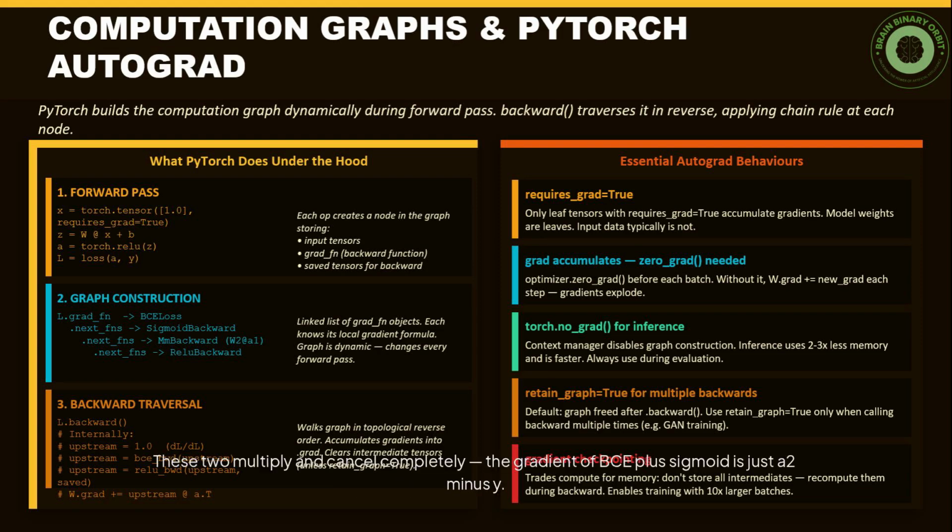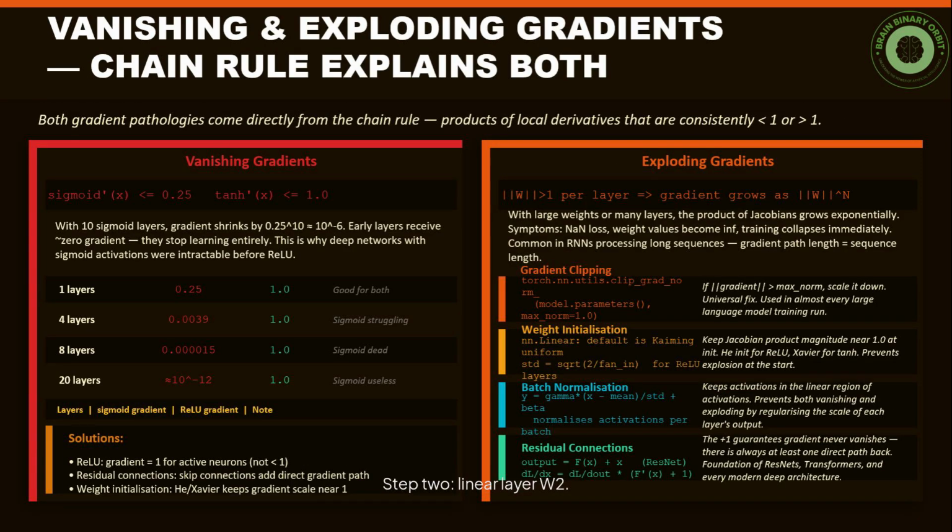The gradient of BCE plus sigmoid is just A2 minus y. This is why PyTorch recommends BCEWithLogitsLoss, fused sigmoid and BCE: it is numerically stable and the gradient is trivially clean.